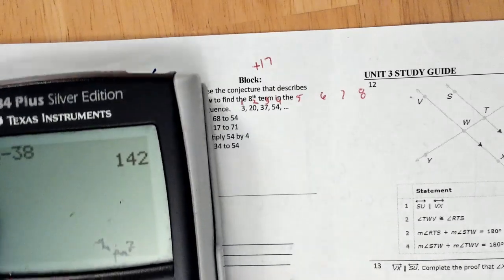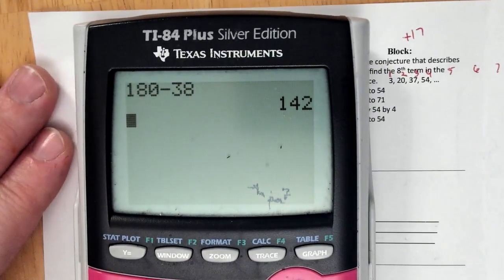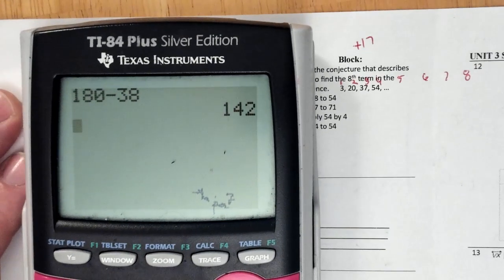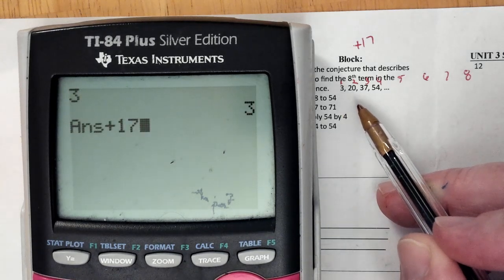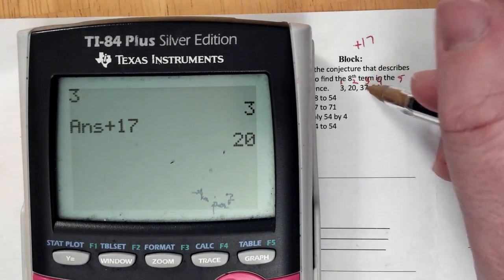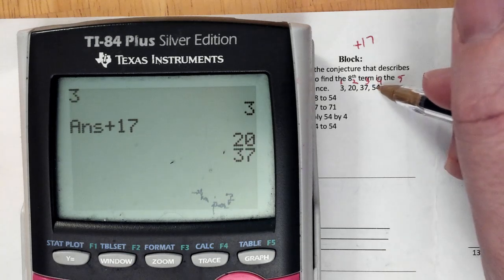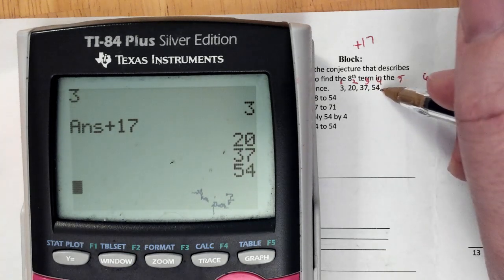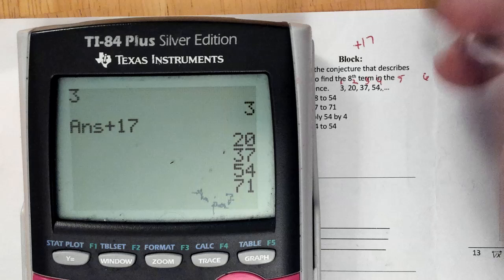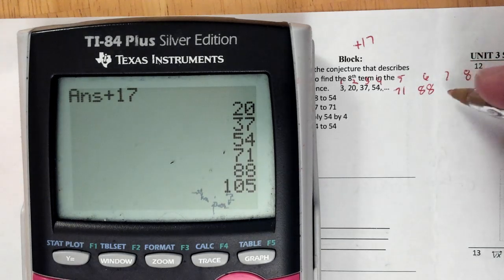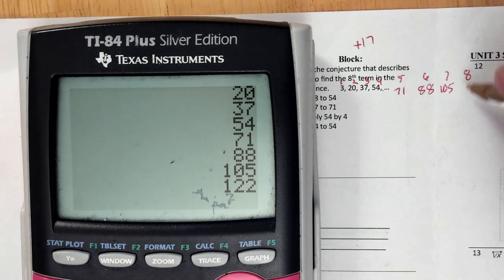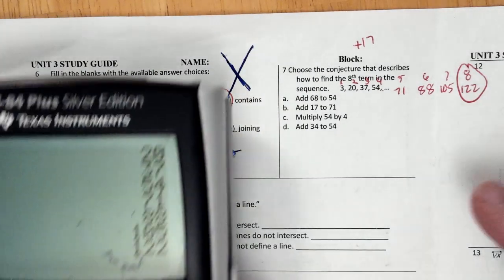Let's see. I'm starting at 3. If I add 17, I get 20. That's perfect. If I add 17 again, I get 37. Again, I get 54. Again, I would get 71. Then I get 88, then 105, and then 122. So the 8th term is supposed to be 122.